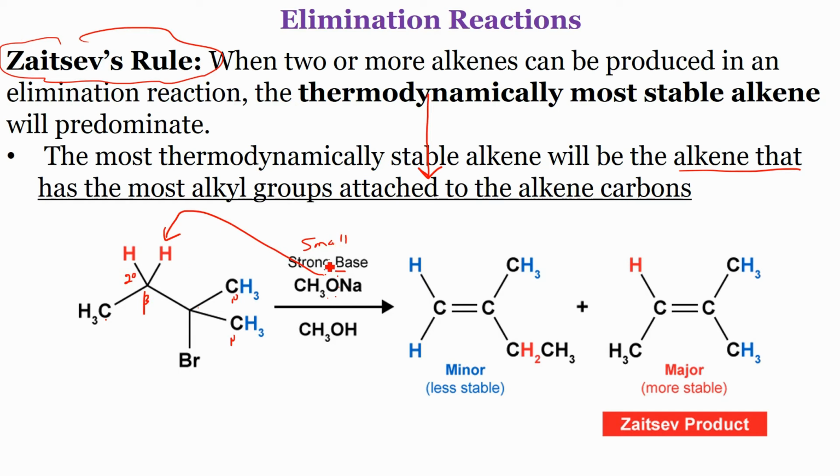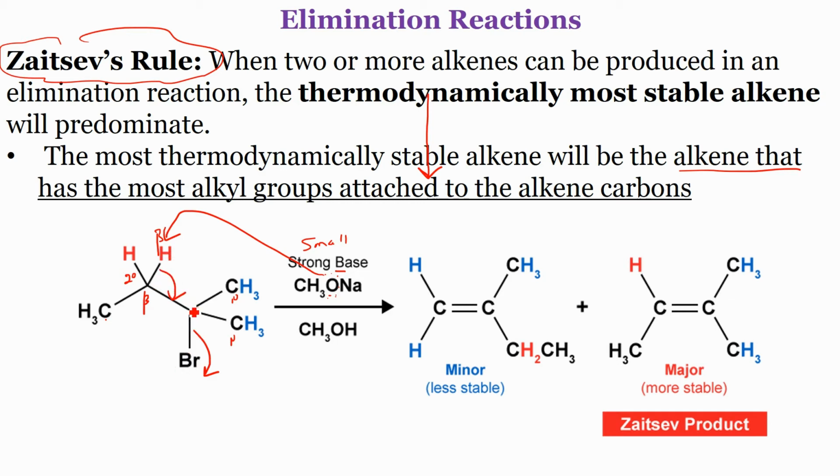A small strong base in E2 or E1 reactions will go for the beta hydrogen sitting on a more substituted beta carbon. So the base will take that hydrogen out using this arrow. You make a double bond and then this goes. Notice that I'm taking out hydrogens that are 180 degrees apart from the bromine.